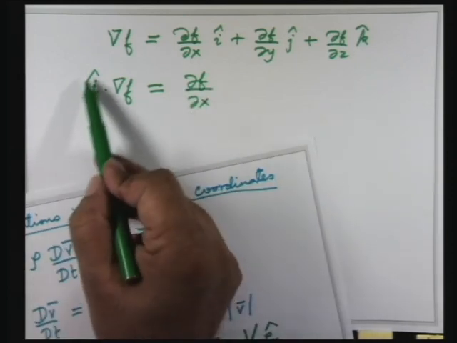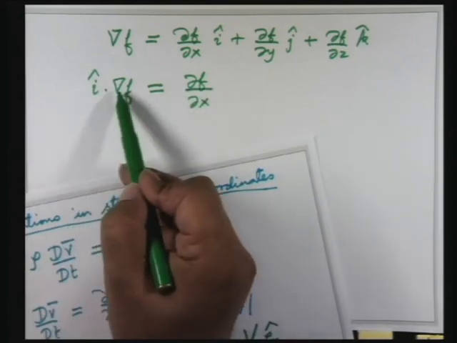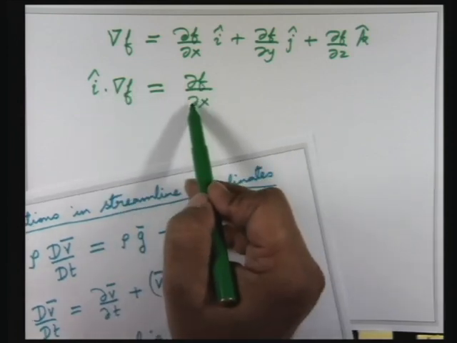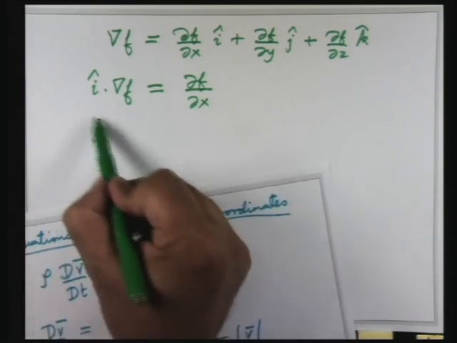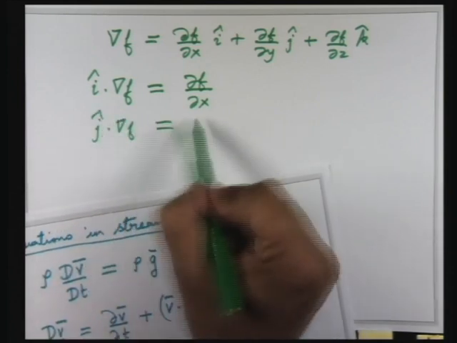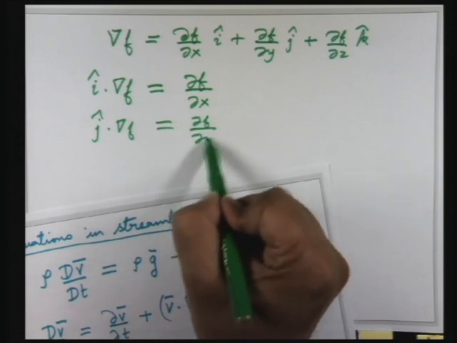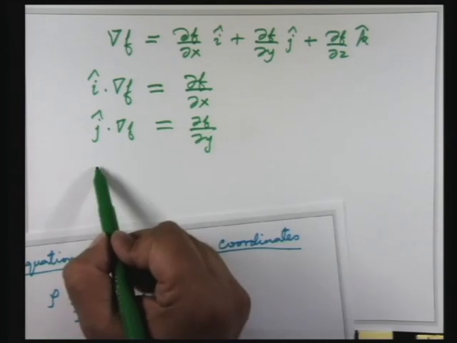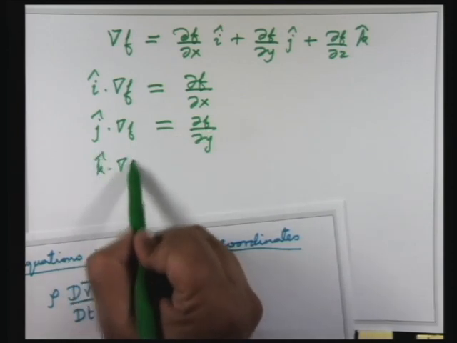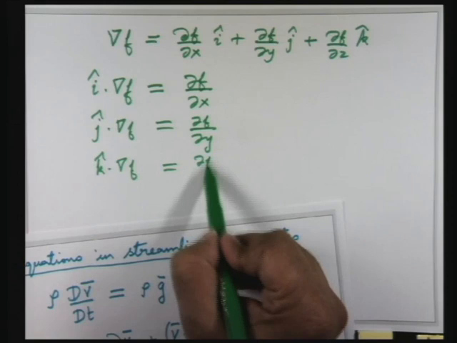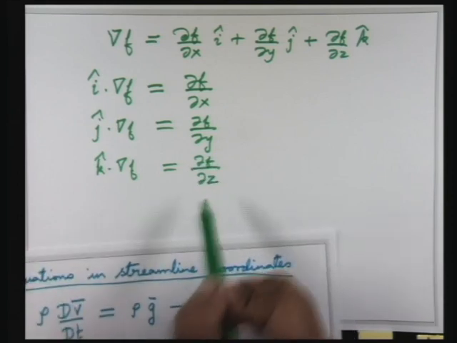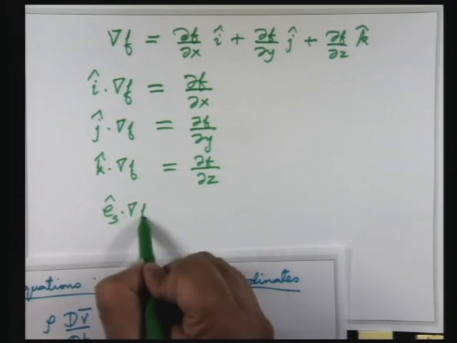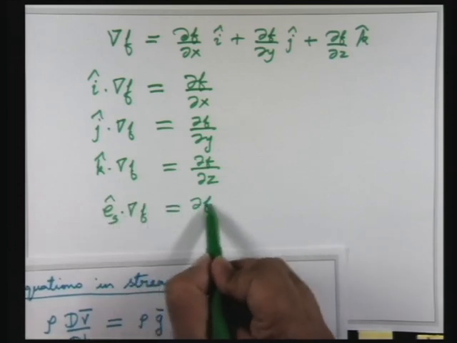So, if you take the unit vector in the x direction, scalar product with the grad of f, you get the rate of change of f in the direction x. Similarly, if I take j dot grad f, you are getting del f/del y. The rate of change is the directional derivative in the y direction, and k dot grad f is similarly giving you del f/del z. So, here if you look at Es dot grad f, you are going to get del f/del s.